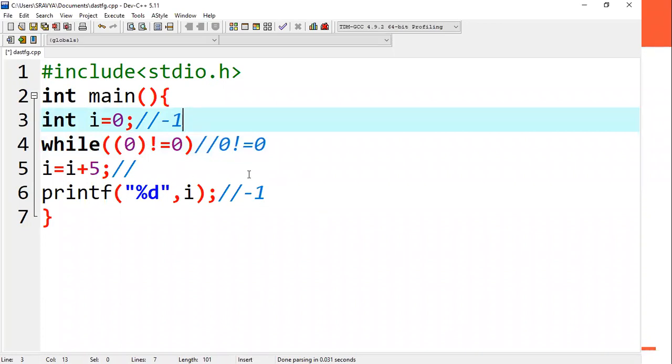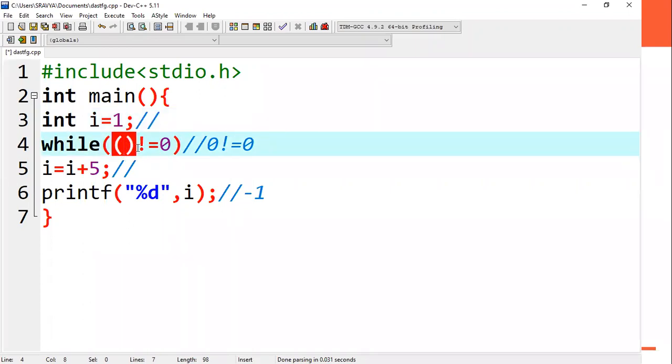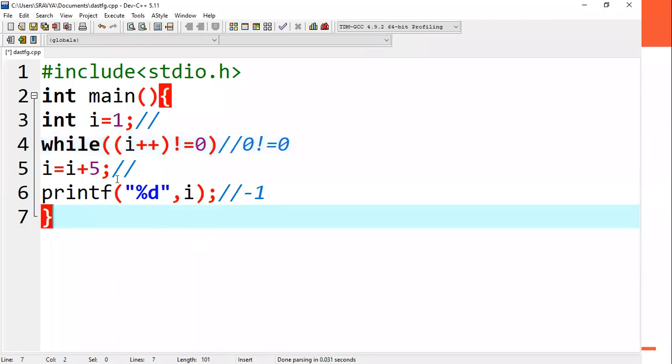If I think about the i value, then we will get it. If I consider 1, what will be the answer? You try it first, after that I'll explain. Let us assume i plus plus is there, and i is 1. I think it will run into an infinite loop, right?